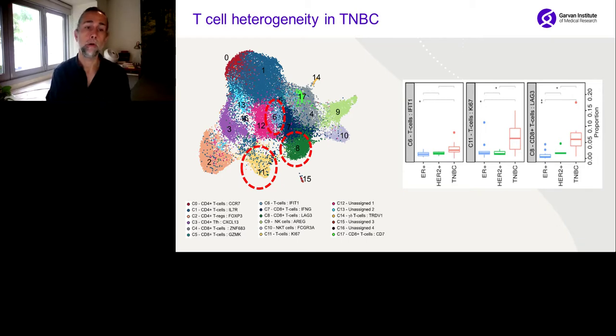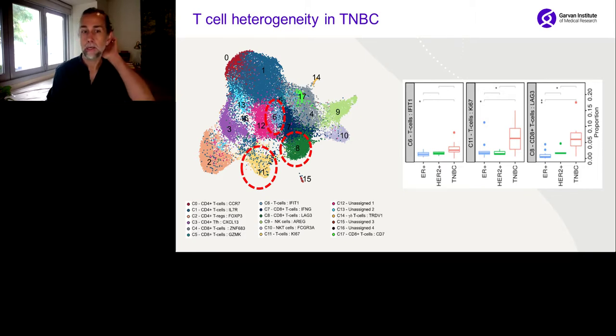And while all of these states can be detected in every subtype, interestingly, there are 3 of them that are enriched in triple-negative breast cancer, and I've highlighted them here on the right. The first one is a cell type with a strong activated interferon signature, which is associated with effector T cells. We have a proliferating population here, cluster 11, marked by Ki67 and many other proliferation markers that's enriched in triple-negative breast cancers.